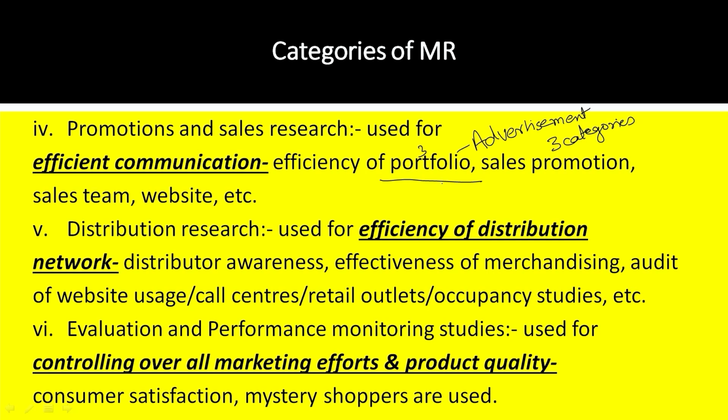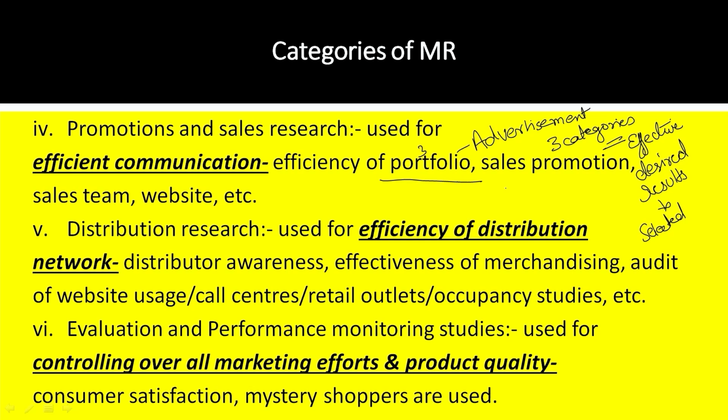Here the portfolio will be shown to the viewer, and the viewer will be asked to give their responses on certain parameters and questions, and then on the basis of that the company will decide which portfolio is most effective to achieve the desired result or desired results, and that portfolio will finally be selected and telecasted.